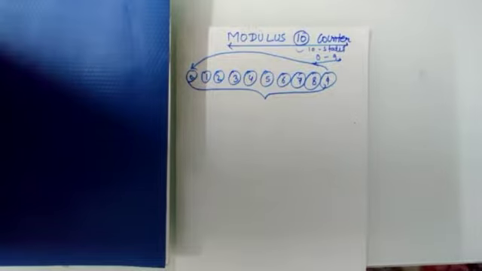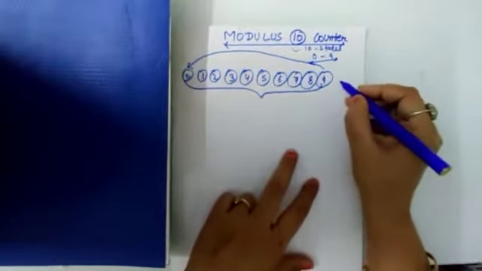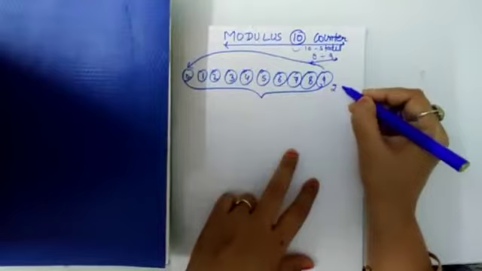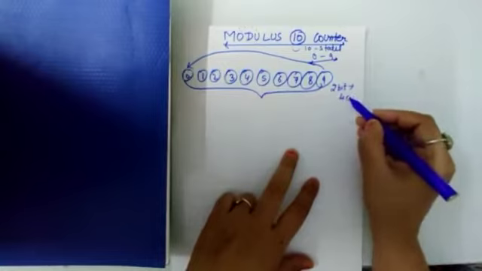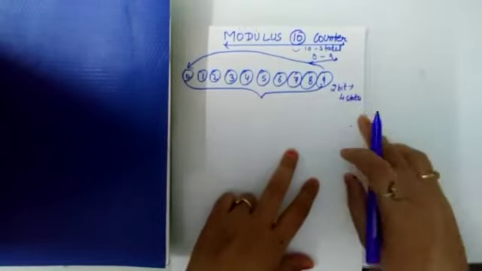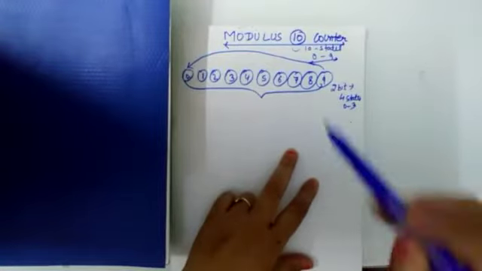You have to decide how many flip-flops to take. If I take a 2-bit counter, how many states are possible? 4 states, so it will count from 0 to 3. 10 will not come from here.